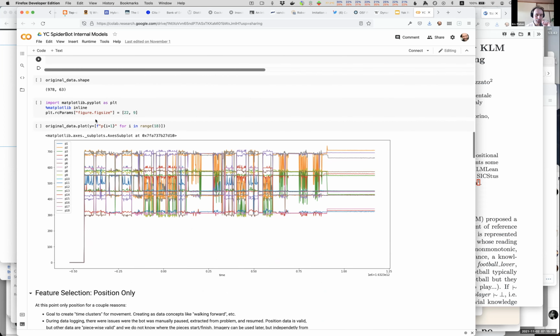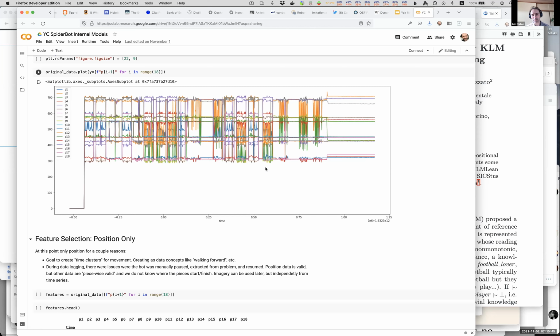And so here you see if we plot this data over time, there is a lot of data, so that can be pretty confusing. But this is just the reading of the position of each of the 18 sensors over time. I don't know whether you see patterns, but you see there are some things repeating again and again.